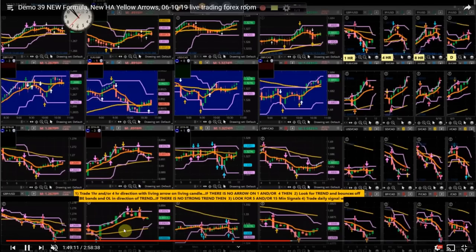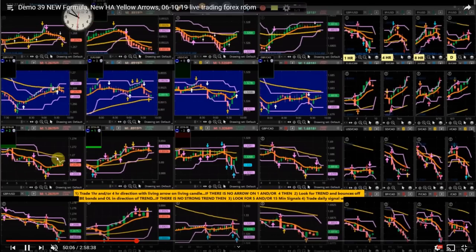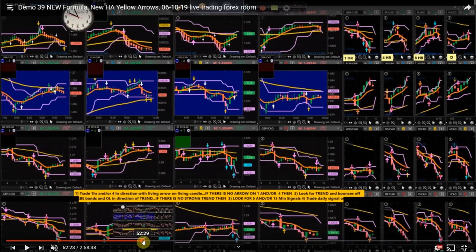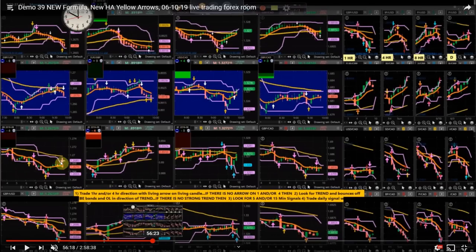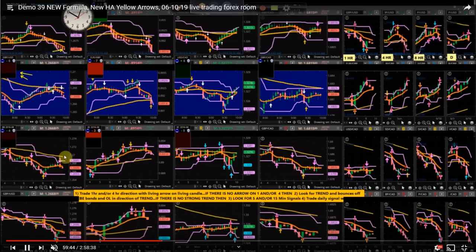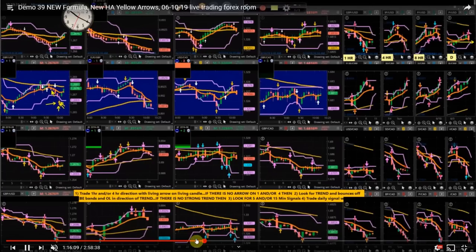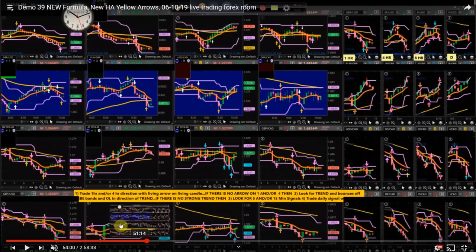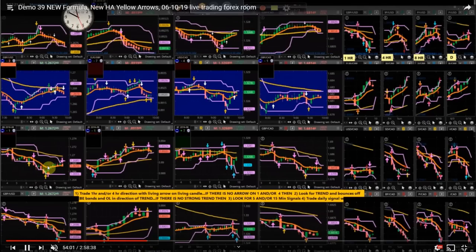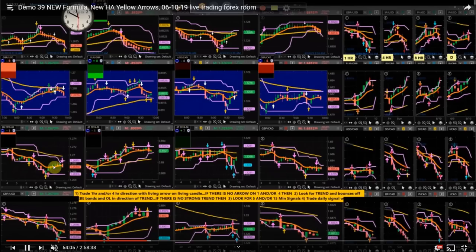Look, that 15 minute is there now, isn't it? That 15 minute came a lot later, came on the break. You see, the setup is still intact, the system is still intact because that 15 minute did come. Again, that same setup you're looking at: 15 minutes coming above the 15 minute OLs, near the 15 minute BB bands.